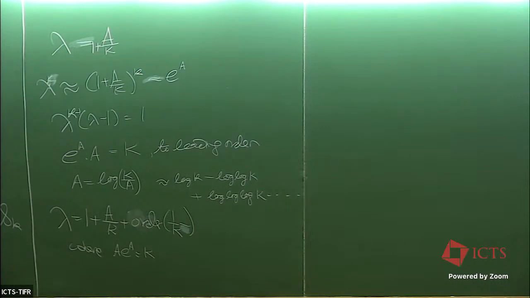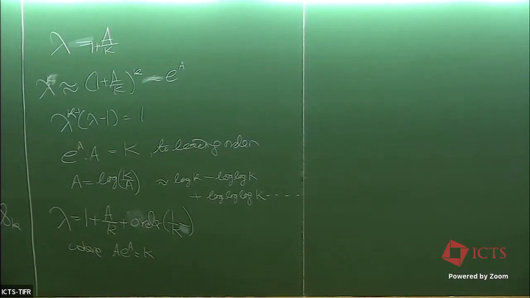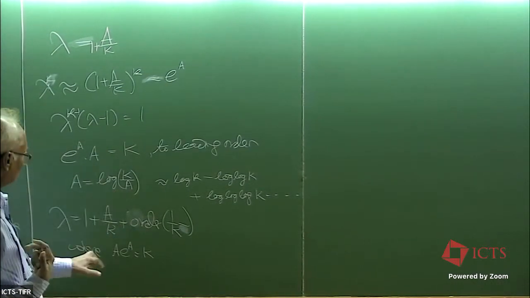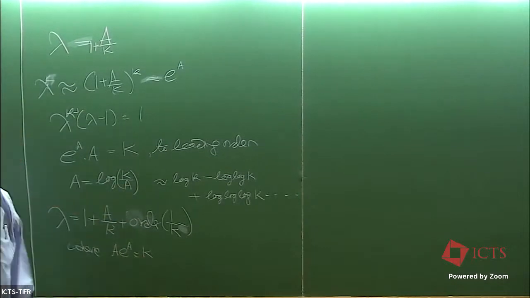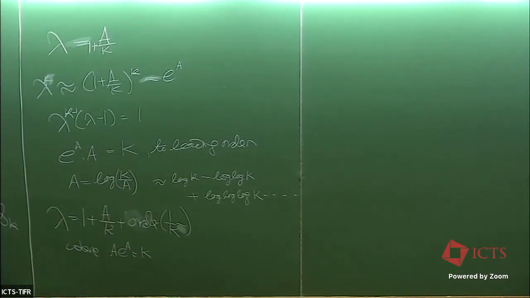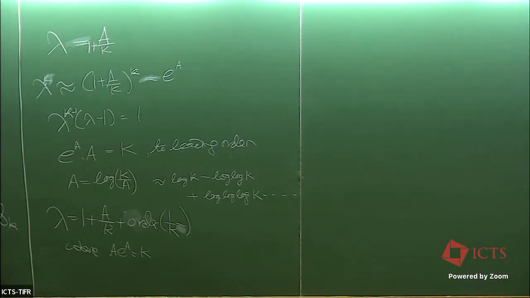Okay, a goes like log k, so it goes to infinity as k goes to infinity. It goes very slowly, but it goes to infinity as k goes to infinity. E to the power a goes to infinity, and the next term goes to 0, and the product remains 1. Okay, very good.